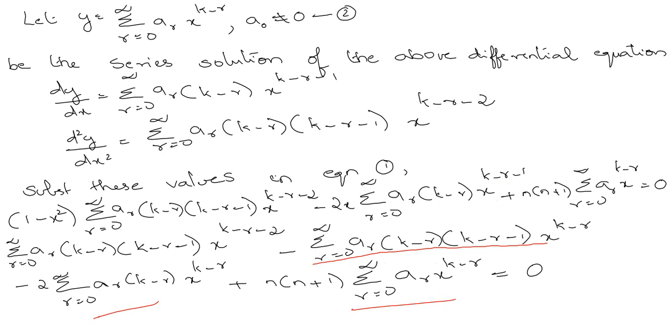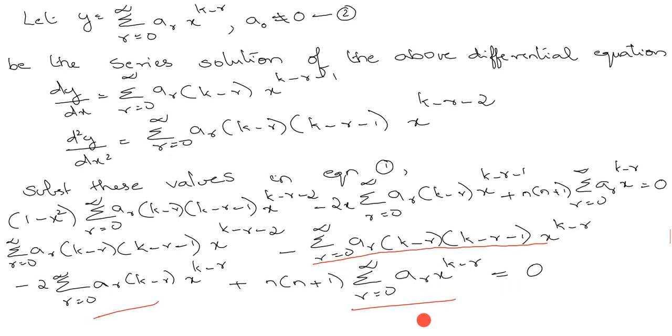That is written here: minus 2 into sigma r is equal to 0 to infinity ar into (k minus r) into x raised to k minus r. Now the last term, which is n into (n plus 1) sigma r is equal to 0 to infinity ar into x raised to k minus r, is equal to 0.